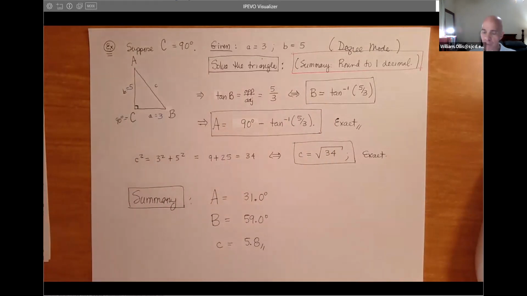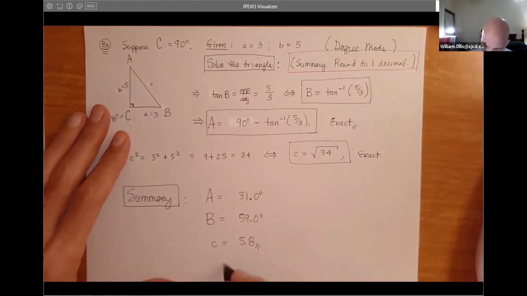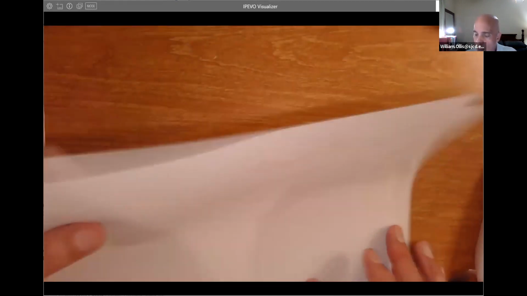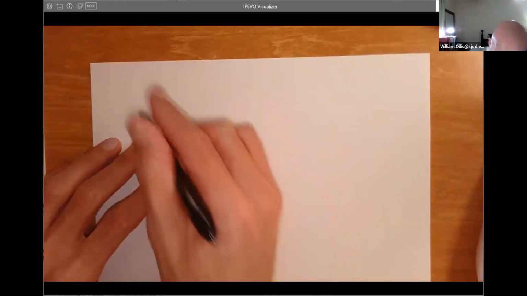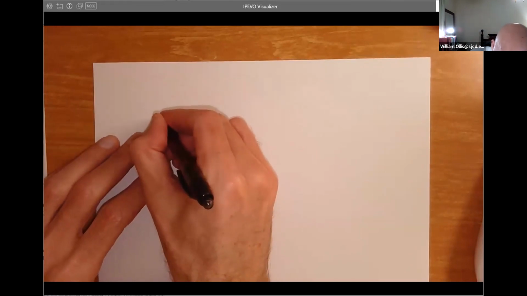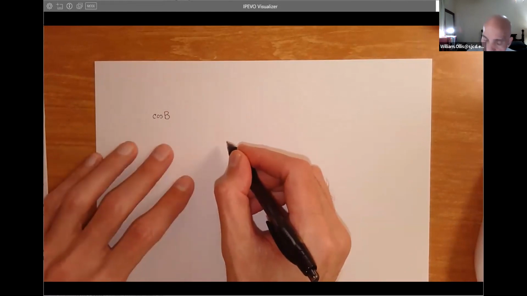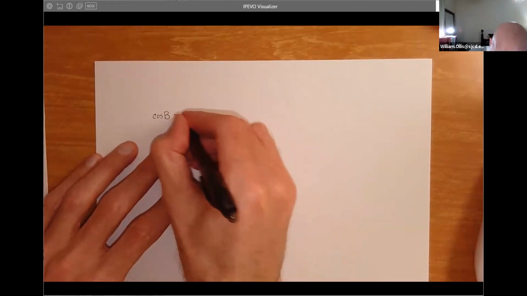For instance, here's the end of this. So this is what you would put on a test. This is what I'm talking about. Say you were doing a triangle problem and you get cosine of B, so you're trying to find angle B, equals 3.